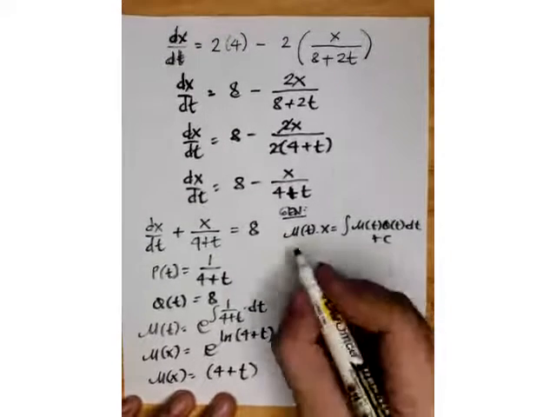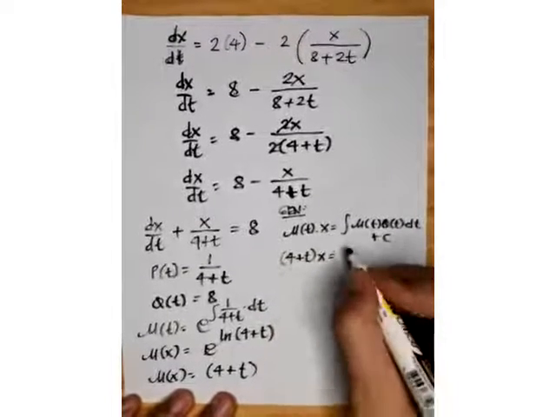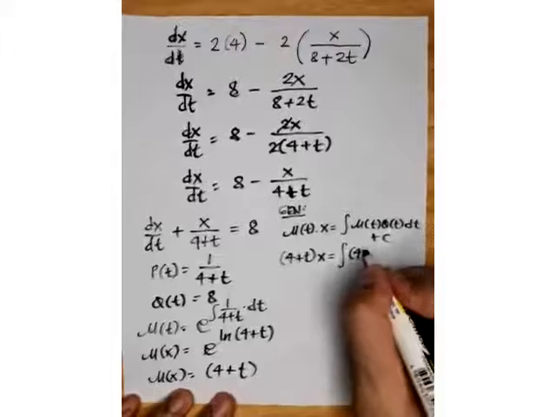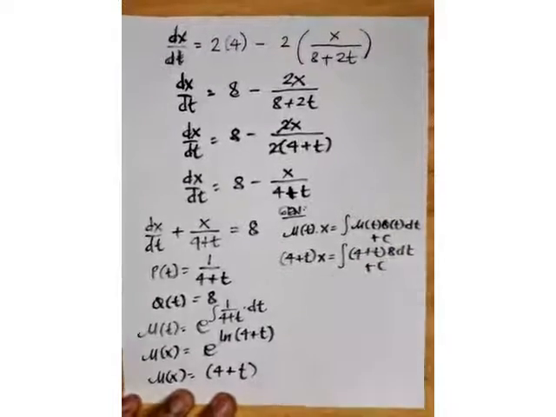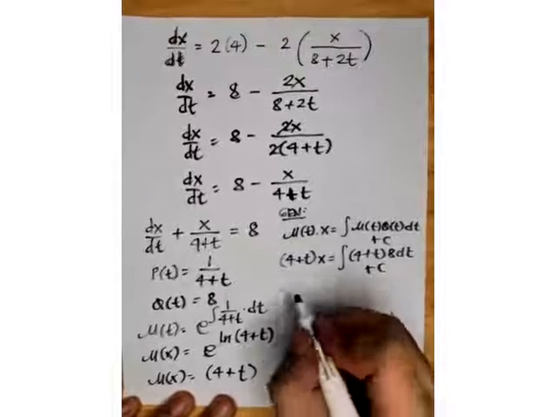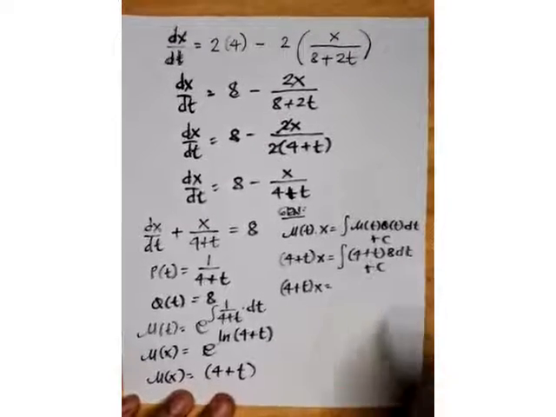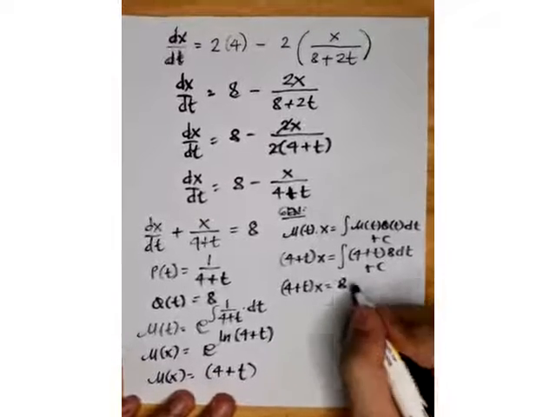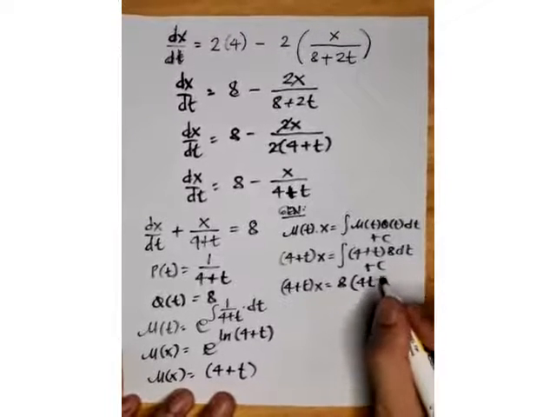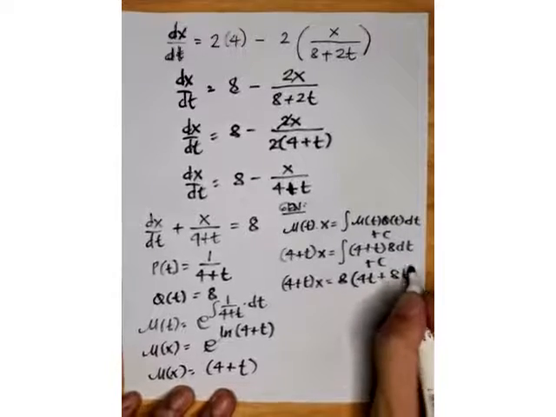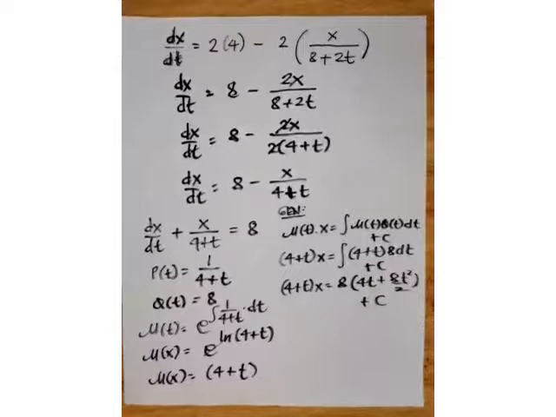Okay, so let's just apply it. So that will be (4 plus t) times x is equal to the integral of (4 plus t) times 8 dt plus c. Okay, so let's just get the integral of this. So (4 plus t)x is equal to 8 times 4t plus t squared over 2 plus c.